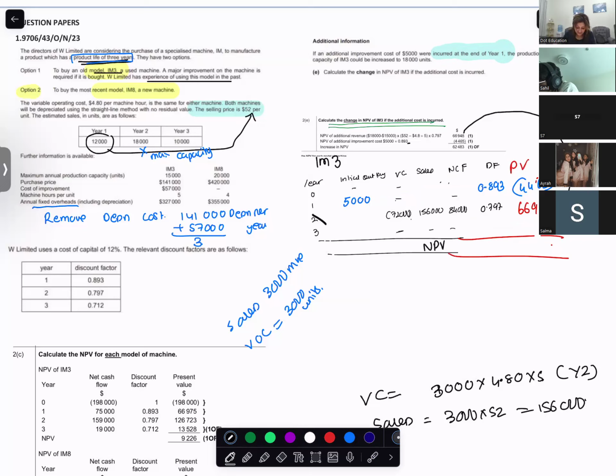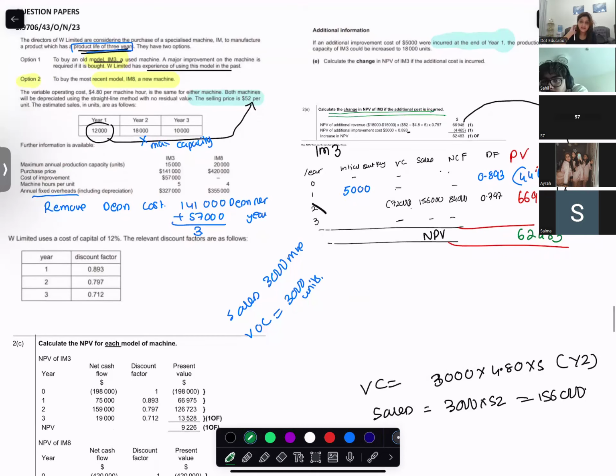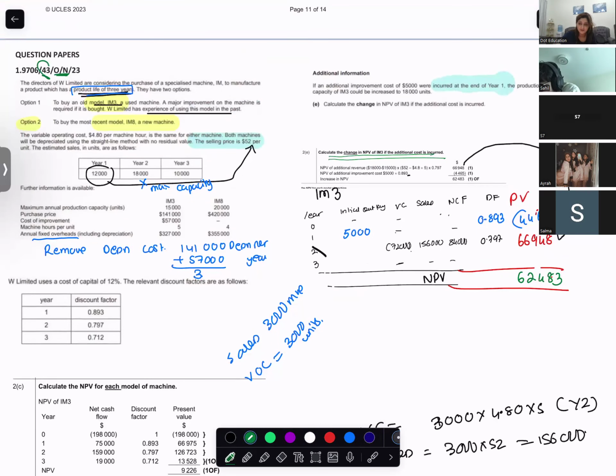So it is going to be 62,483. It is very important to understand that if they want the increase or decrease, you just do the NPV of the change. Are you with me? Yeah. So with this, we have completed the E part as well, and we've done the October-November 23 paper 43, sum of investment appraisal.